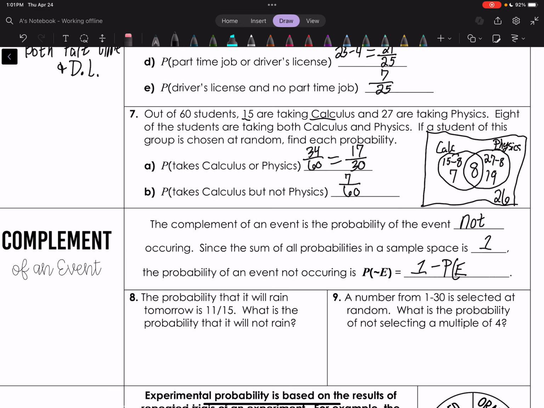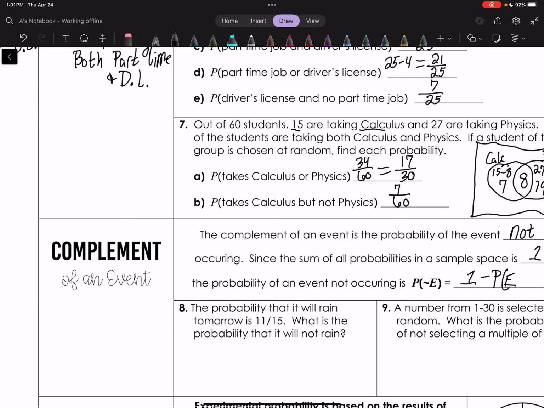So, for example, on part A up here, you don't have to write this, I'm just showing you an example. The complement would be 1 minus 17 over 30.